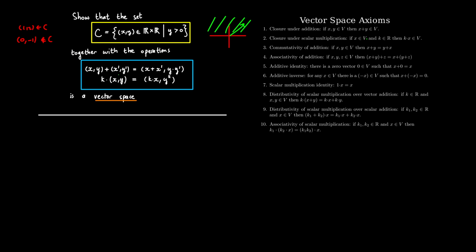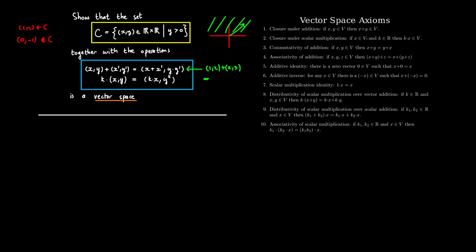So x comma y plus x prime comma y prime is defined here. So this is really quite strange, right? If I take, let's say, 1, 2, and I want to add that to, let's say, 2, 3, how am I going to do that?